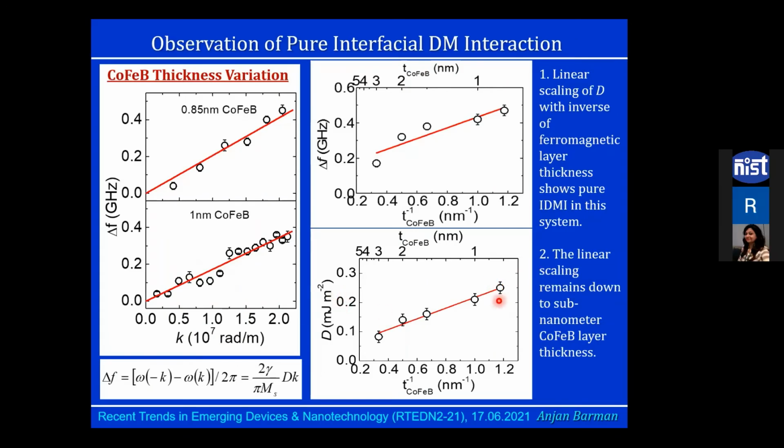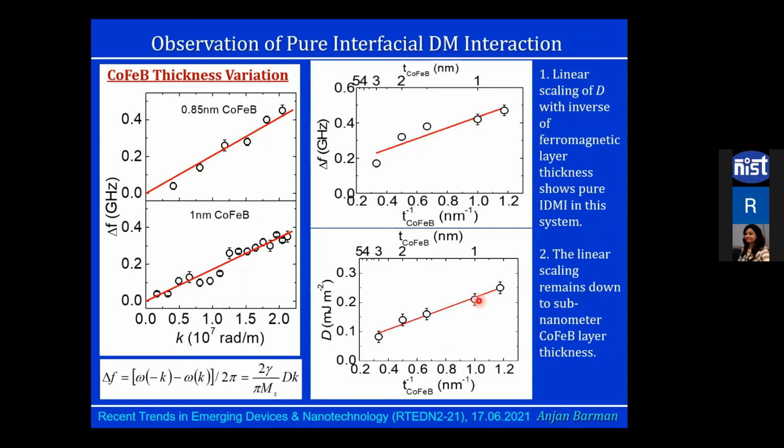And you can see that it actually shows a very linear scaling with the inverse of the cobalt, iron, boron thickness, which shows that it is pure, because if there were some degradation or some other impurity or other things happening, then it should have deviated from the linear behavior.